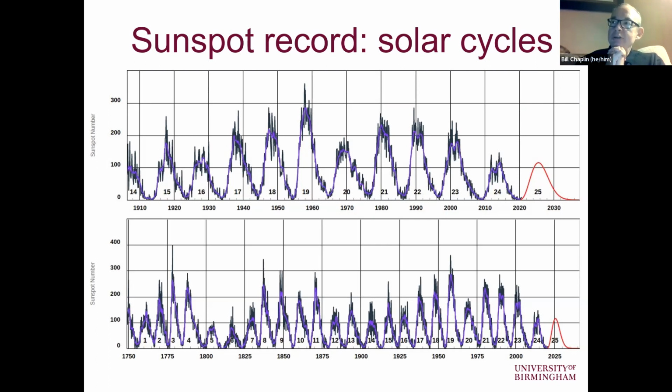There's a lot of interest at the moment in these studies, in that, as I'm sure many of you will be aware, the last cycle, 24, was by far the weakest 11-year activity cycle that we'd had during the modern satellite era. You have to go back over 100 years to get to a cycle that had some sort of similar peak level. We're now on the rise of cycle 25, which is predicted to be, again, a weak cycle.